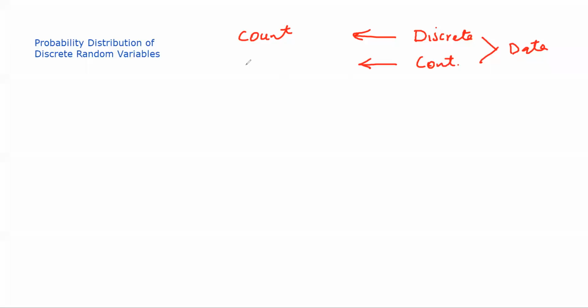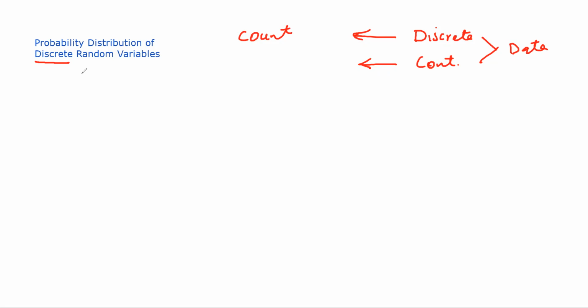Okay, so in your A level maths, you must know how to draw the probability distribution of discrete random variables. Discrete would mean, again, I repeat, the number of heads, the number of tails, the number of green balls, the number of students doing this. So that is the discrete data.